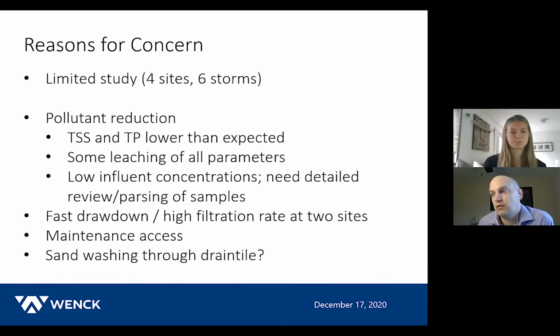That being said, pollutant reduction for TSS and TP was lower than expected. There was some leaching, and we talked about the influent concentrations. What was presented in those box plots was all of our data, all 6 storms.